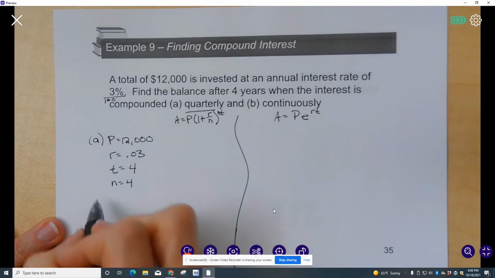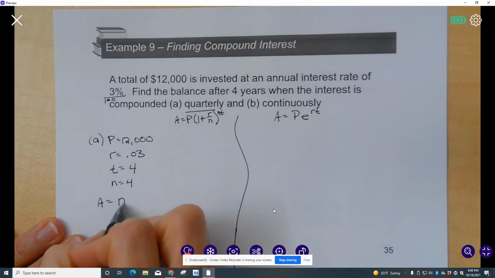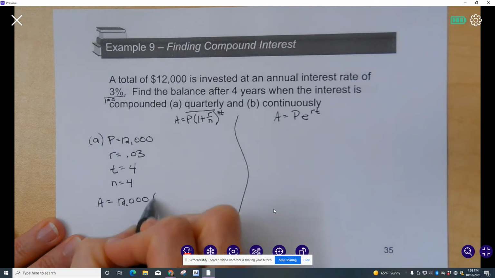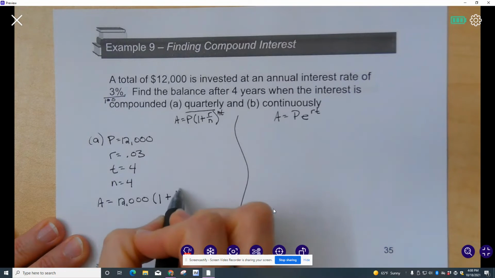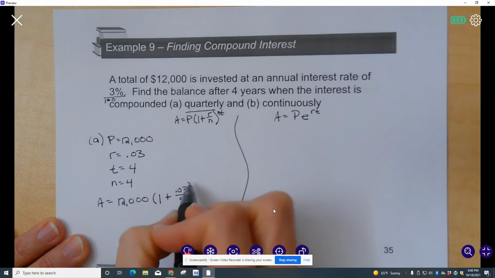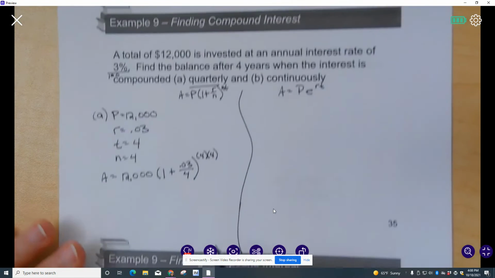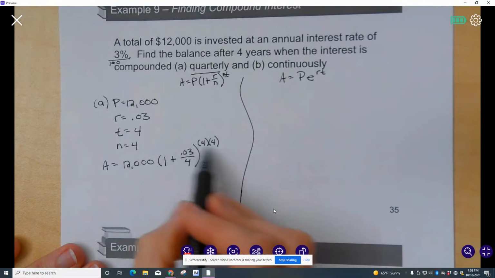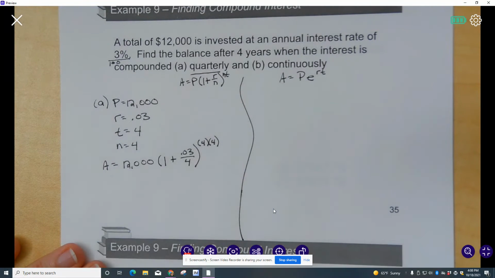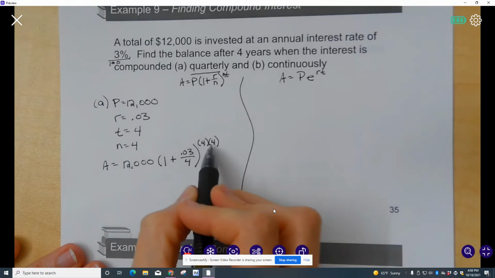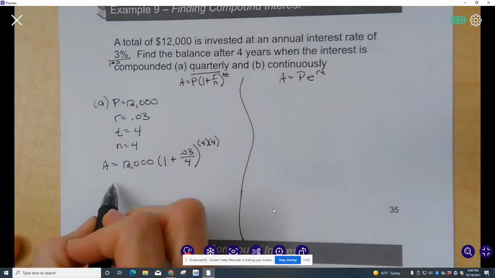All right, so my final amount is going to be $12,000 times 1 plus 0.03, R over N, to the N times T, and they're both 4. So this is going to be 16, but when I put this in my calculator, I would probably change that to 16.